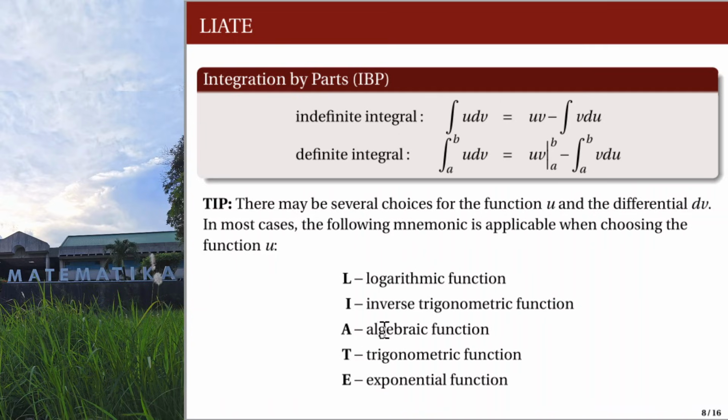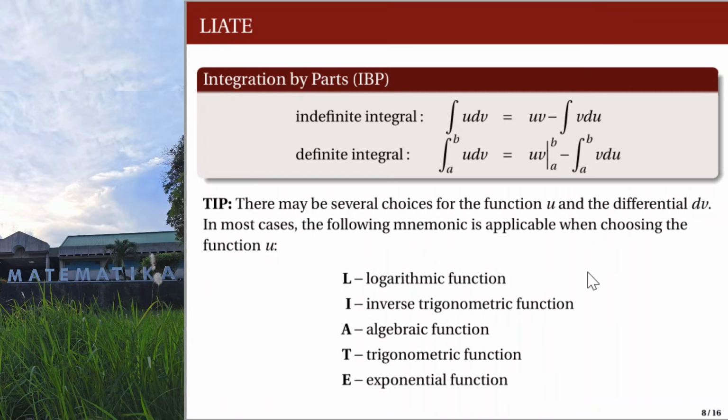Okay, algebraic nga pala na functions are functions of the form x to the n. So, for example, mga polynomials like x to the 1, x squared, x cubed. Then, pwede rin yung x to the negative powers, x to the negative 2, x to the negative 3. Then, pwede rin yung mga x to the fractional powers, x to the 1/2, x to the negative 1/3. Okay, so yun yung mga algebraic functions.